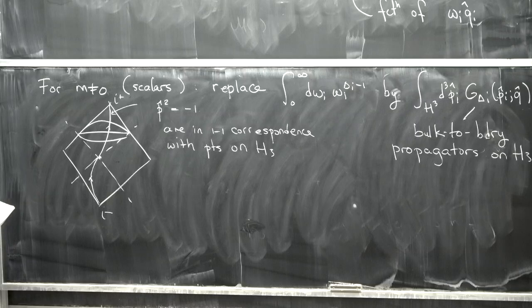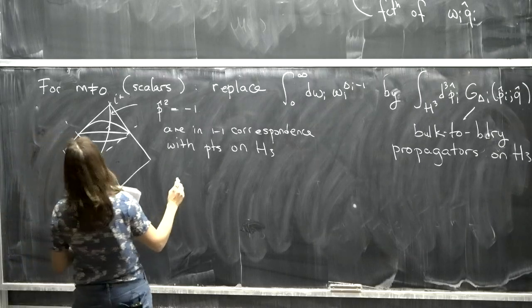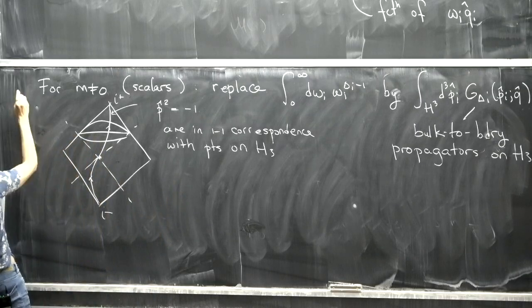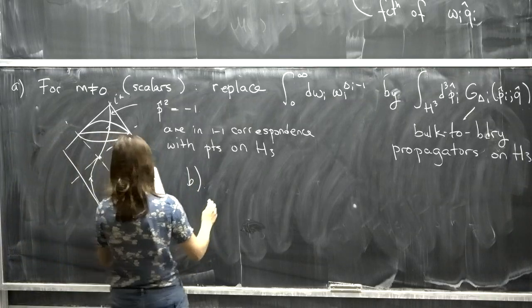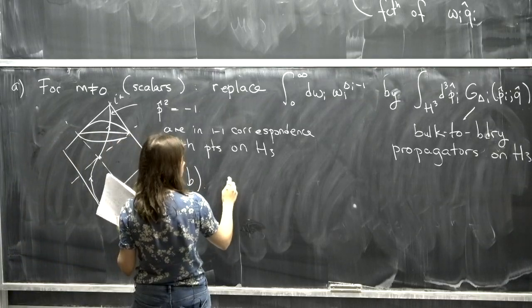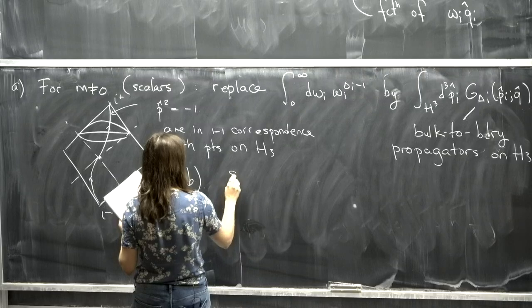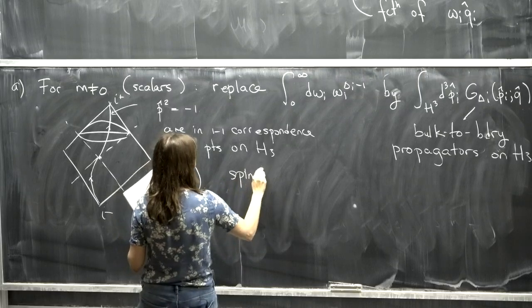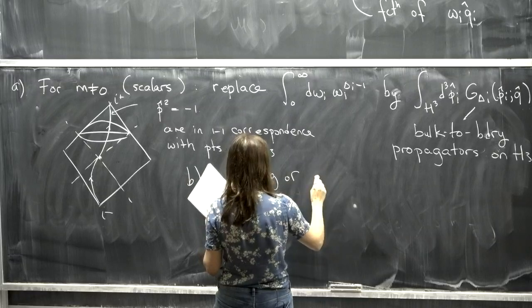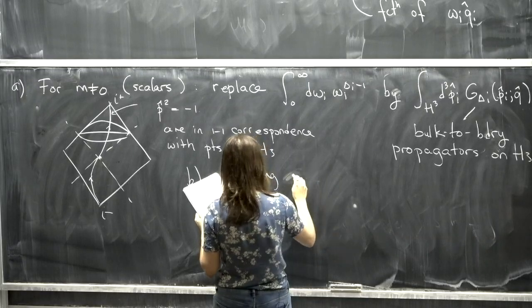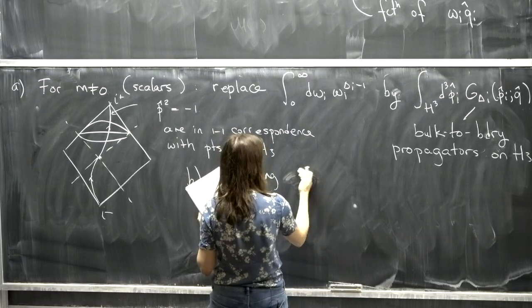Okay, another comment is that, so these were comments A. Comment B is that one can also find spinning or higher helicity conformal primary wave functions.